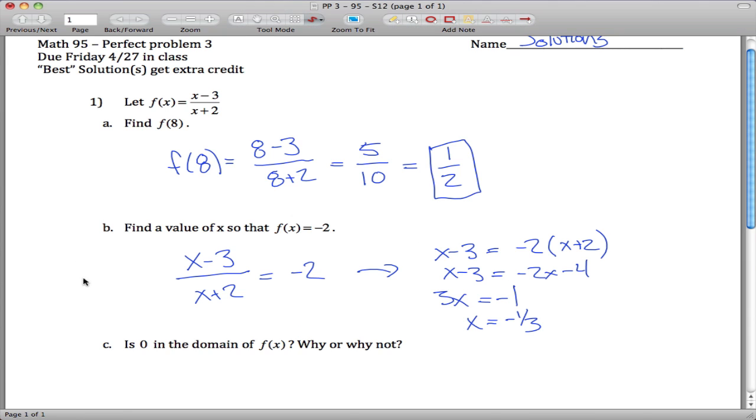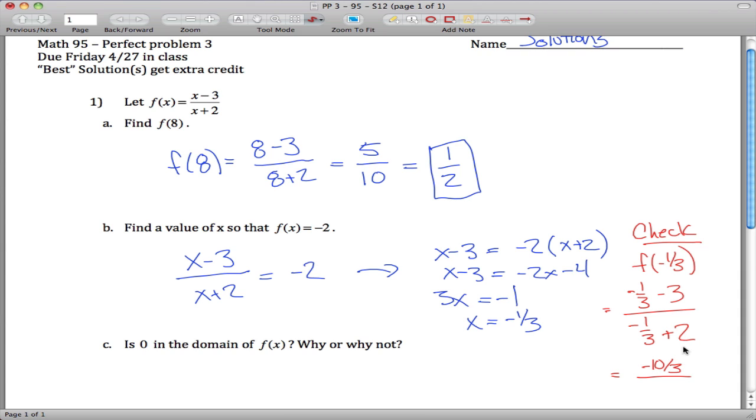I don't think you have to, but if you really felt compelled to check your answer, what you could do is figure out what is f of -1/3. And if we did everything right, f of -1/3 should be -2. So f of -1/3 is you put -1/3 into this expression, -1/3 minus 3 divided by -1/3 plus 2. 3 is 9/3, so -1 minus 9 is -10/3.